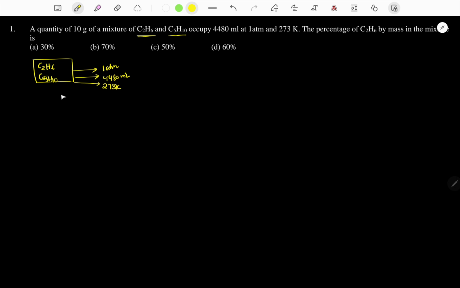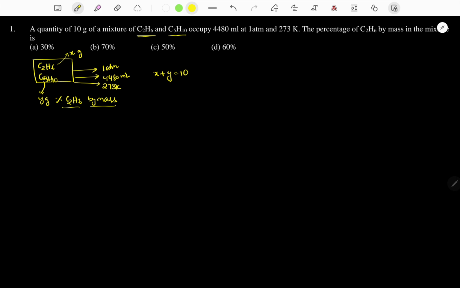Now we have to calculate the percentage of C2H6 by mass. For example, C2H6 mass we are taking X grams, C5H10 mass we are taking Y grams. Therefore, the first equation is X plus Y is equal to 10.